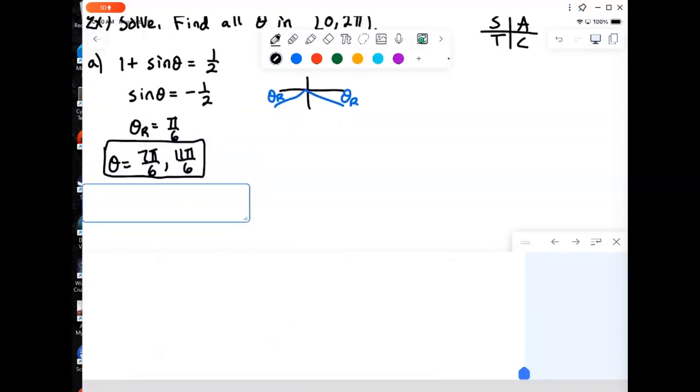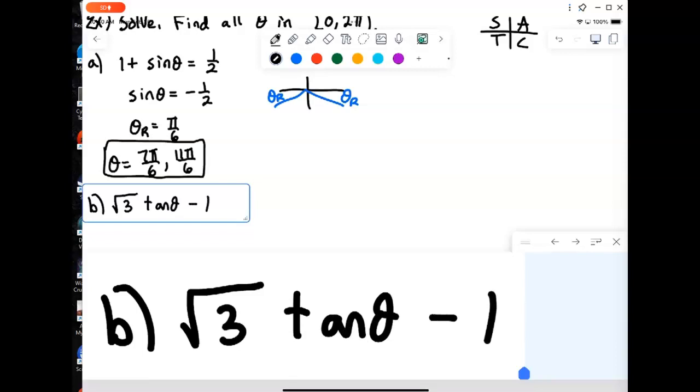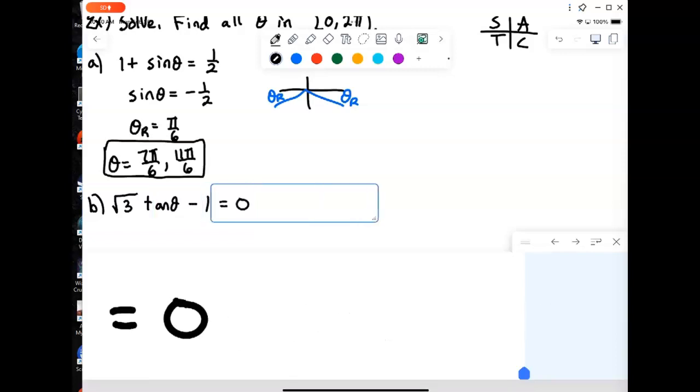Okay, let's turn to a second example. So we have square root of 3 tangent theta minus 1 equals 0.